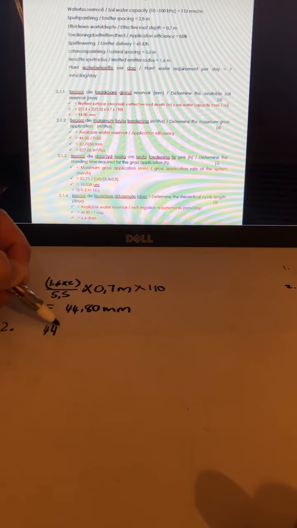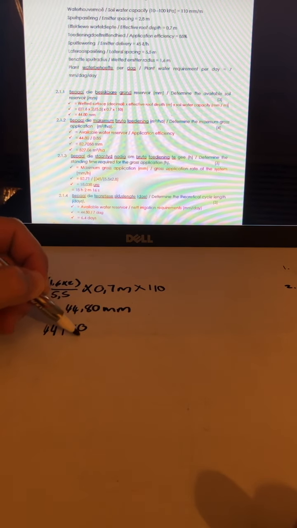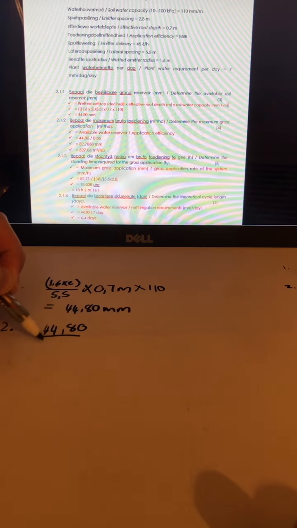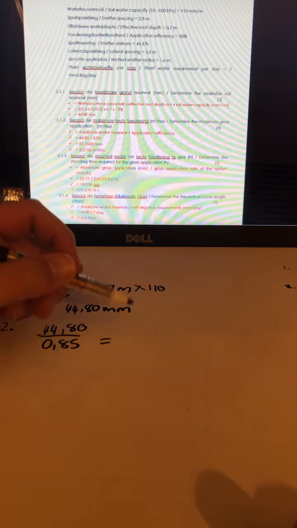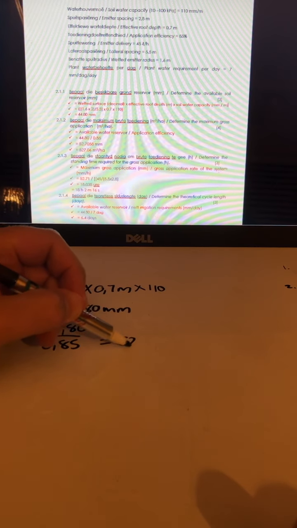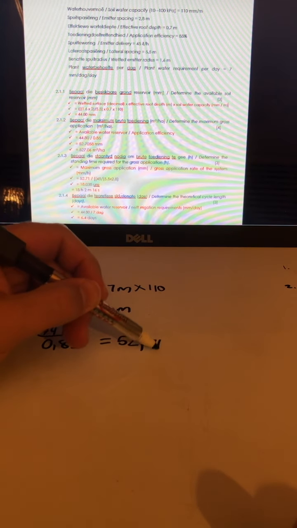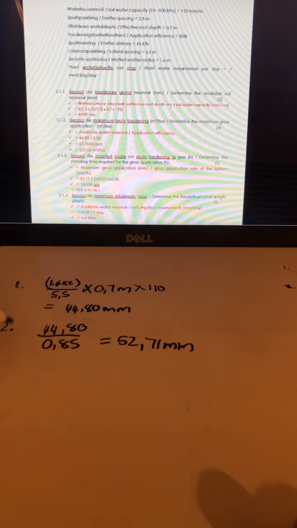So that's 44,80 millimeters divided by 0,85, and that will give you 52,71 millimeters. That's how much you should apply.